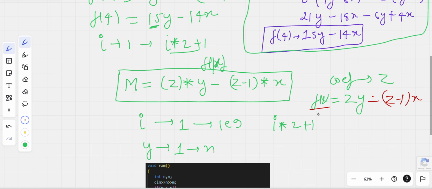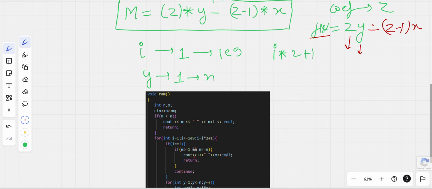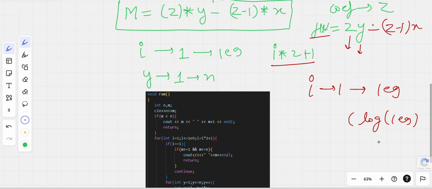So if we do iteration on z and y, and the z value is always incremented by 2 times plus 1, so we can simply iterate i from 1 to 1e9. That will take only log of 1e9, which is less than 32.